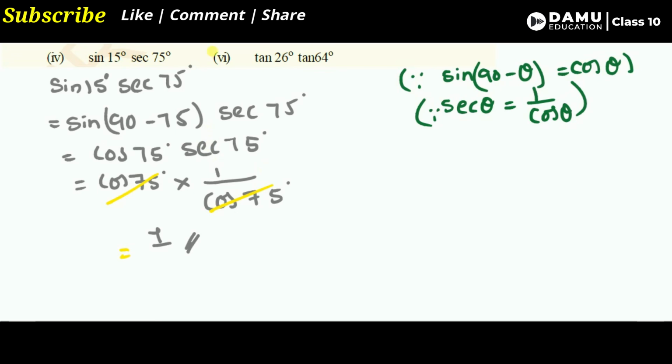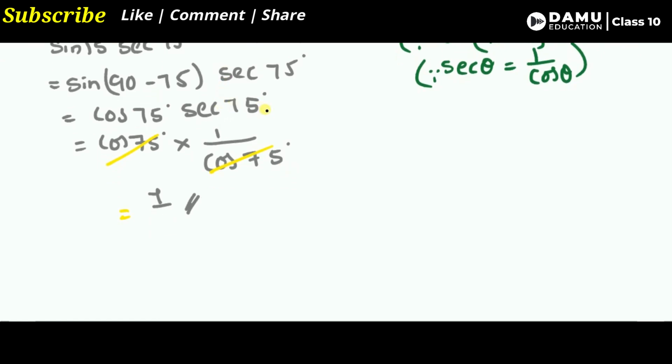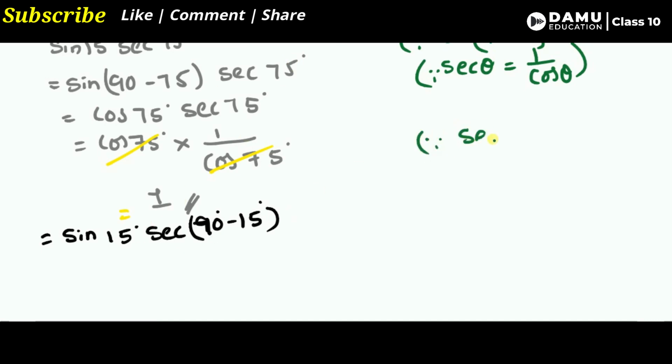Let's move on to the same thing, and take another method. We're going to convert secant in the format of sine. Sine 15 degrees into secant of 90 minus 15, and 90 minus 15 gives 75. We know that secant of 90 minus theta will be equal to cosecant theta, so here theta is 15 degrees.